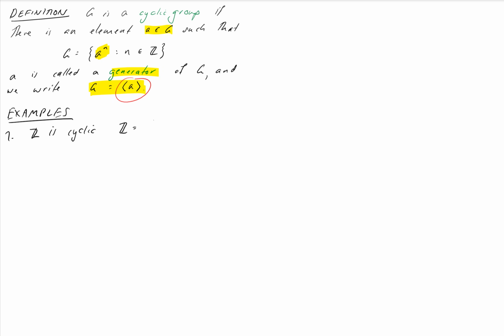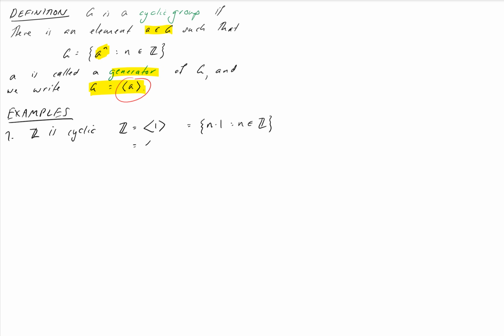So we could write Z equals ⟨1⟩. Okay, so remember when I'm taking a to the n, if we're in a group using additive notation, like the integers are, then that is the set of n times 1, where n is an integer. Don't forget the definition includes negative integers as well.